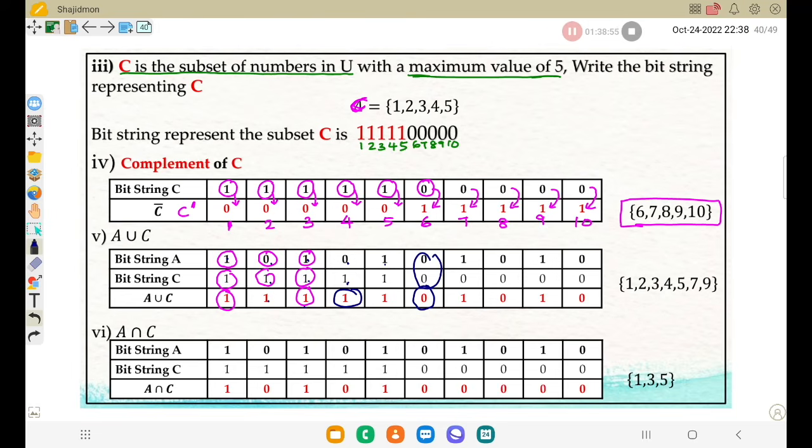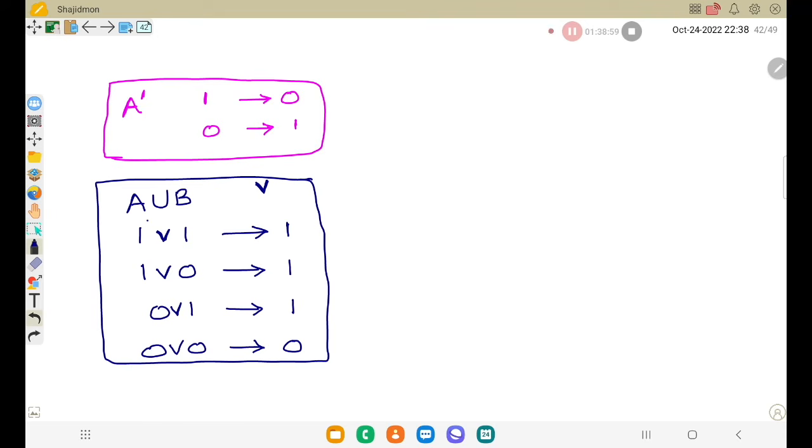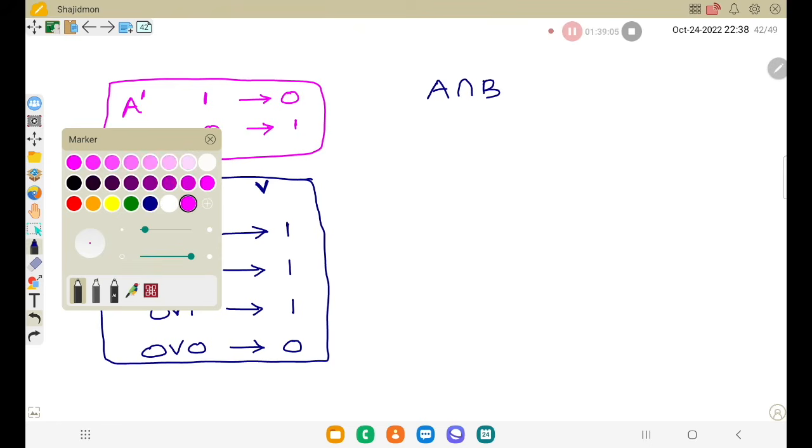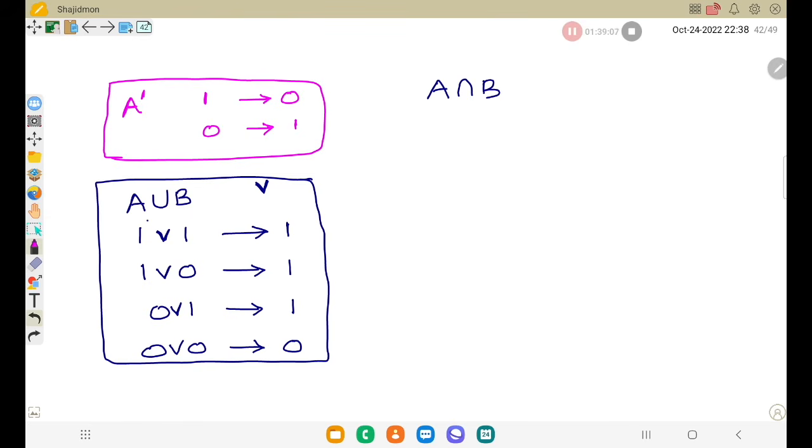Now intersection. A intersection B. Intersection means, in logic, we are using the AND symbol. So 1 and 1 means it should be in the intersection.